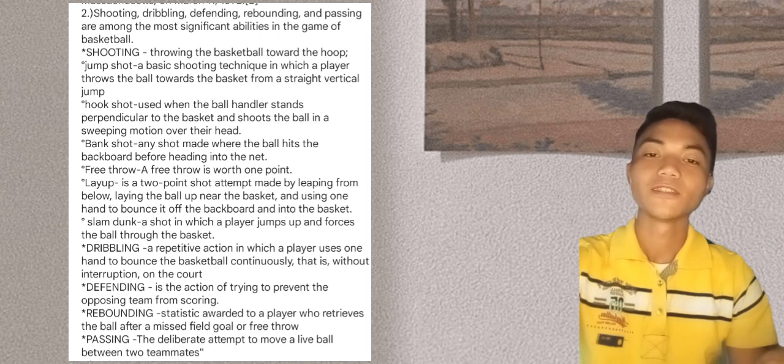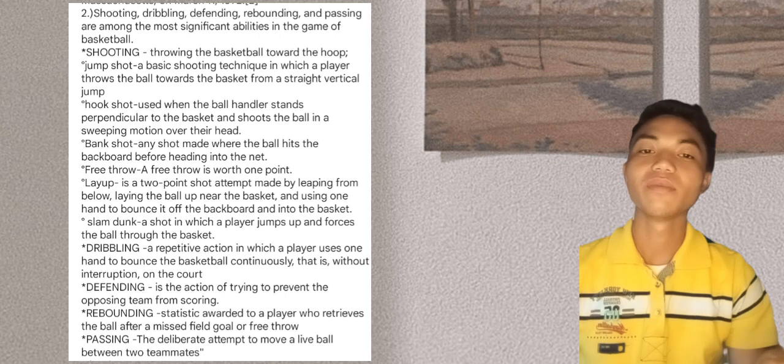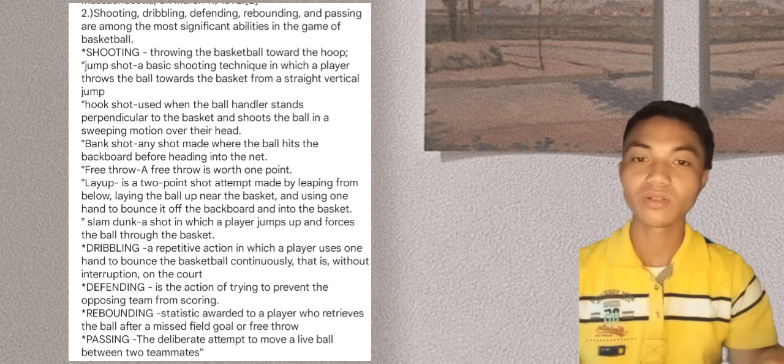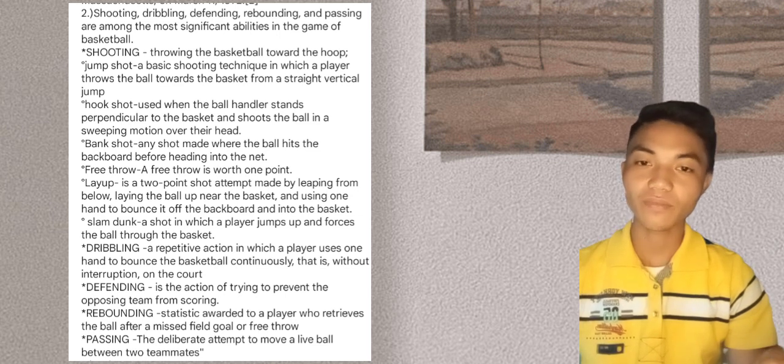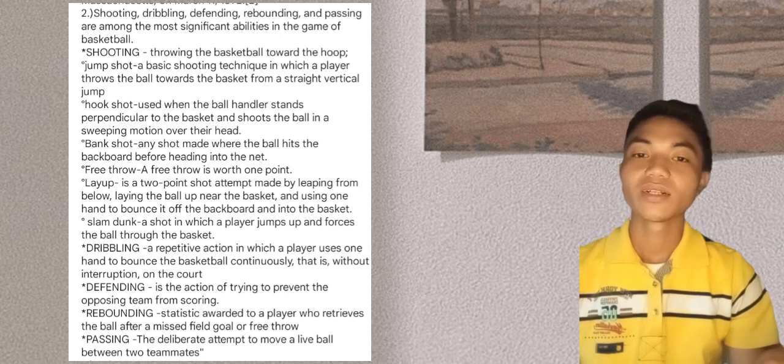And the next skill of playing basketball is dribbling, a repetitive action in which a player uses one hand to bounce the ball continuously, that is, without interruption on the court. Next is defending. It is the action of trying to prevent the opposing team from scoring.